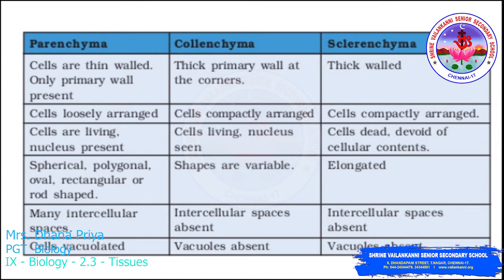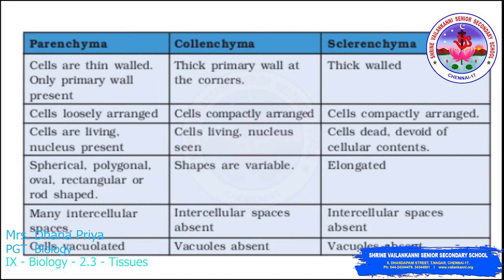Based on cell arrangement, in parenchyma it is loosely arranged, in collenchyma it is compactly arranged, and in sclerenchyma the cells are also compactly arranged, same as collenchyma. In parenchyma and collenchyma the cells are living and the nucleus is seen. But in sclerenchyma, the cells are dead, devoid of cellular content.